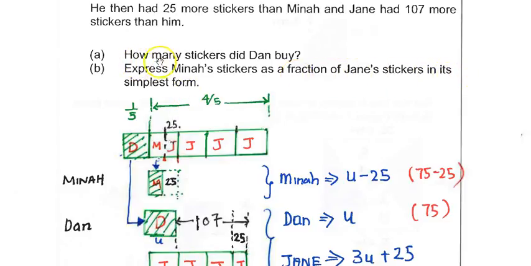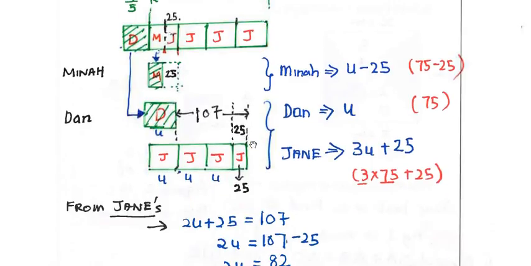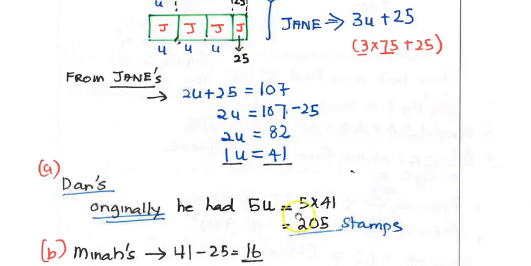The first question is, how many stickers did Dan buy? Dan bought at first, how many stickers here? No. 1, 2, 3, 4, 5. Dan bought 5 units. Okay. 5 times 41. So Dan originally bought 5 times 41.